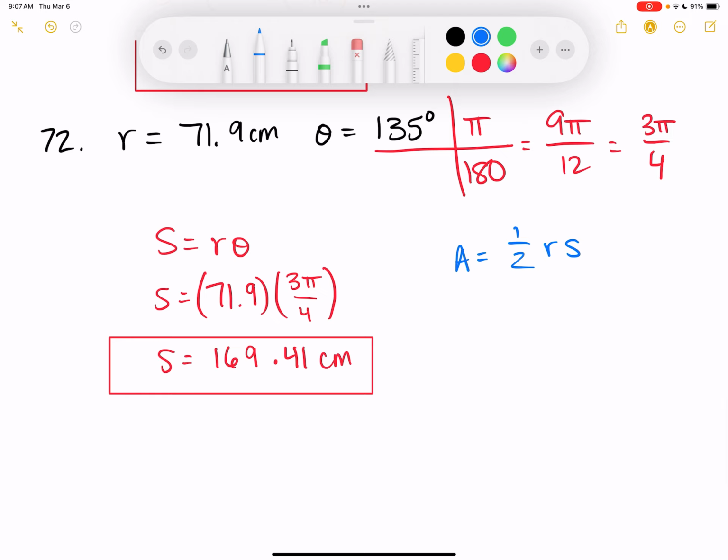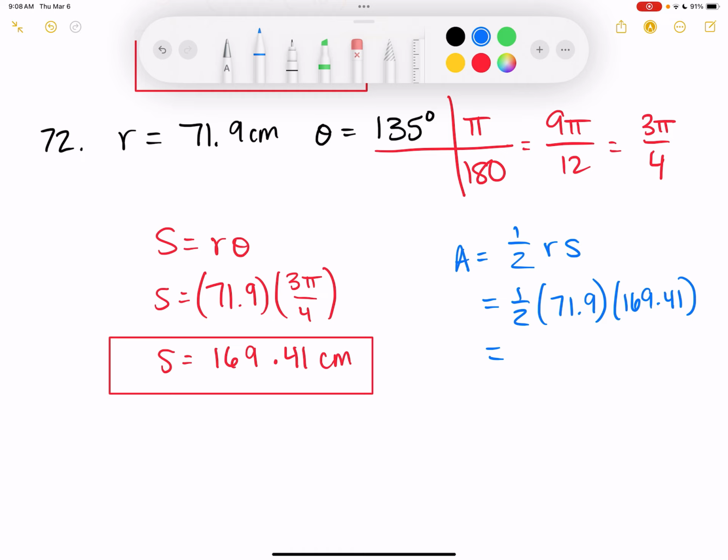So this would be 1/2 times 71.9 times this S value that I found, so 169.41. And your calculator will already have this value in there because that would have been the last thing that you had just done. So if you just hit multiply, it'll take that previous answer, so it's actually holding in case you rounded, which, again, I'm not going to be that picky.